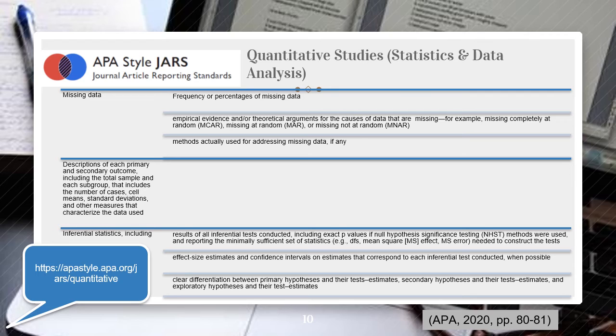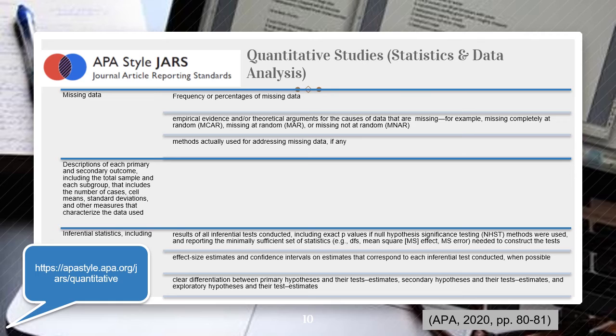You'll also provide a description of each of the primary and secondary outcomes, including the total sample for each subgroup, and that includes the number of cells, case means, standard deviations, and other measures that characterize the data used. So you want to make sure that your tables are complete and have both means and standard deviations, if relevant. Sometimes you'll include ranges. What you'll do is you'll provide all the necessary information.